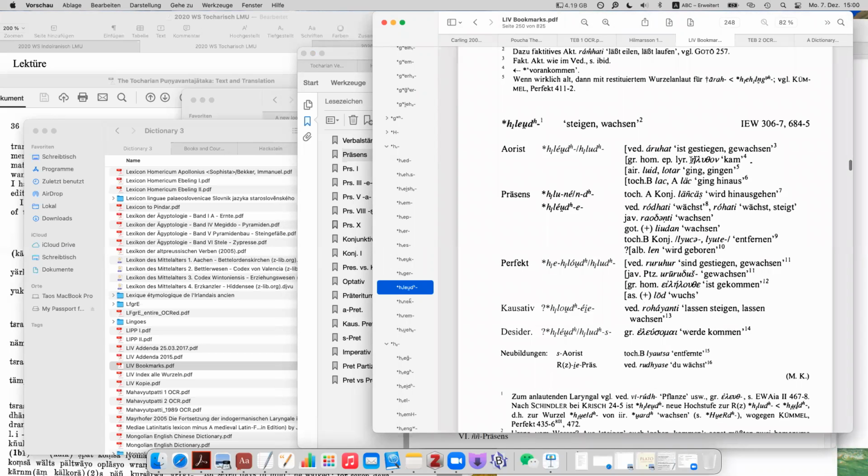This is a root which we have just checked in the Greek grammar. It's a Greek word for to go or to come, yeah, called eluson. It's the superlative stem for elhomai in Greek.